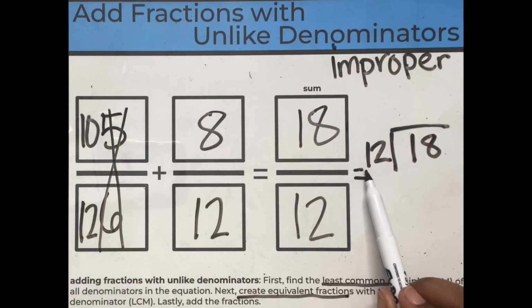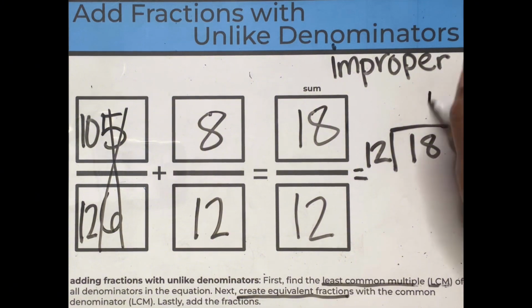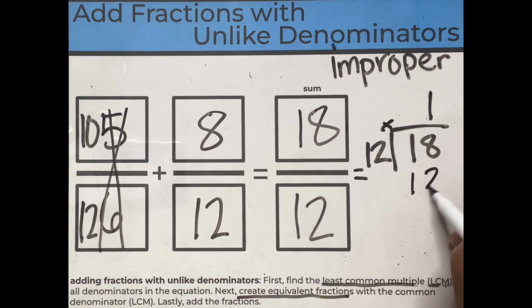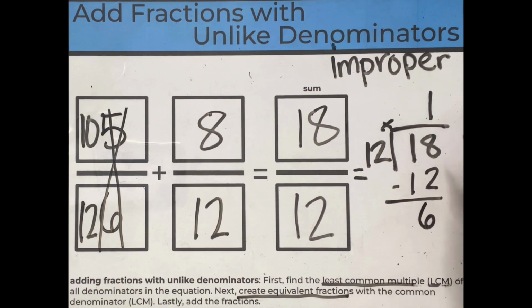We're going to say 12 into 18 one time. 1 times 12 is 12. 18 minus 12 is 6. 1 remainder 6. I teach my students, this helps them to create the mixed number correctly.